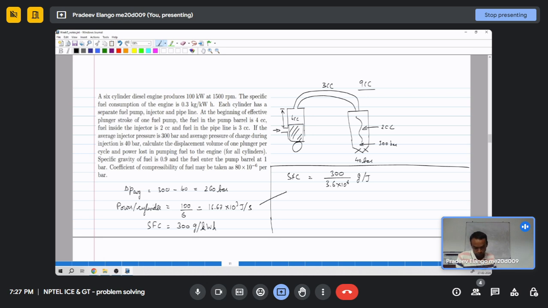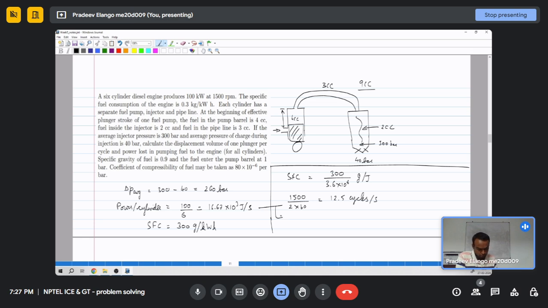Now if you multiply these two, we will get the grams needed for every second. But before that we can also calculate the cycles per second. Since it is running at 1500 rpm, it should be 1500 by 120, that is 12.5 cycles per second.